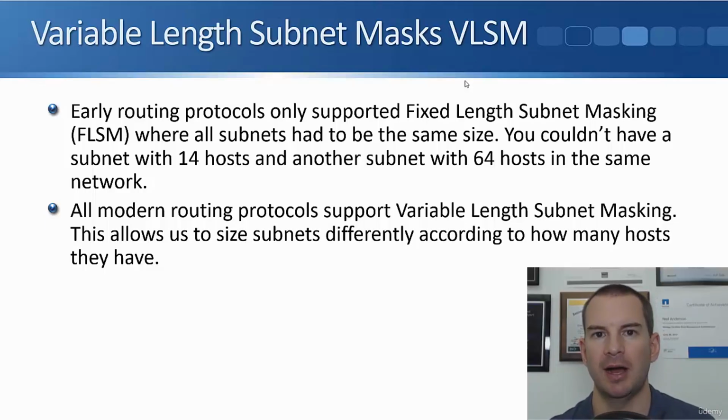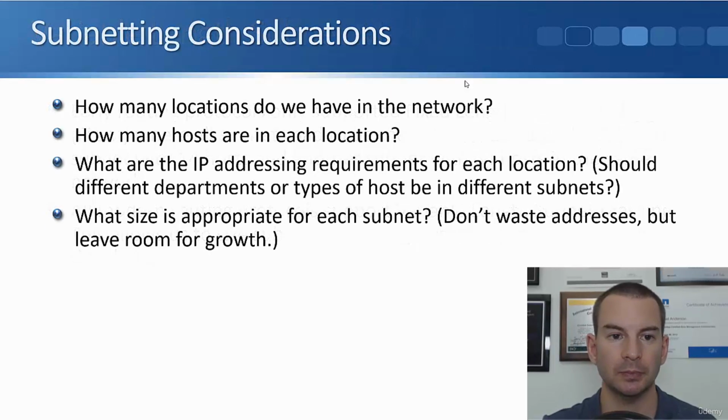You couldn't mix and match /27, /28, /29 within the same larger network. But that ended up wasting a lot of addresses, so later routing protocols did have support for variable length subnet masks, and now we can mix and match the size of our subnets within that greater network. And we're going to work through an example here.